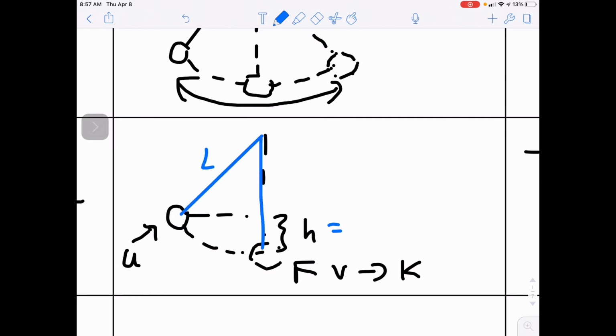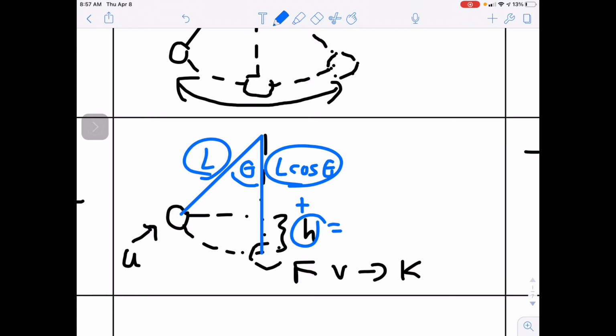You also need this particular segment of the string, which is, if this is the angle from the vertical, this side segment here represents the adjacent side to that angle, which would be the length L times the cosine of that angle. Therefore, this plus this equals the entire length L.